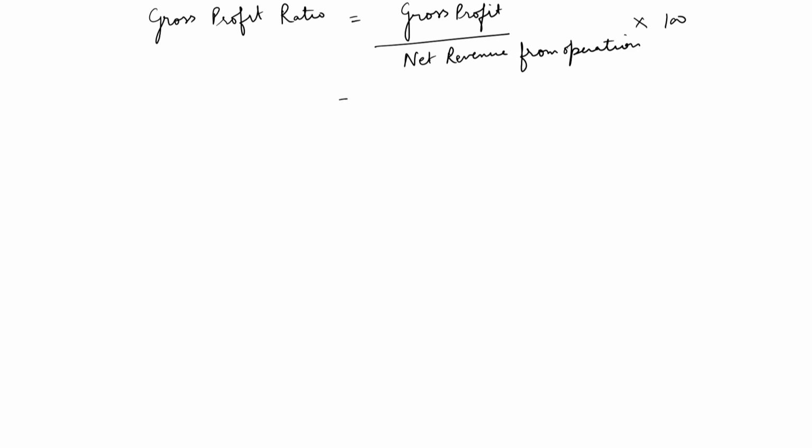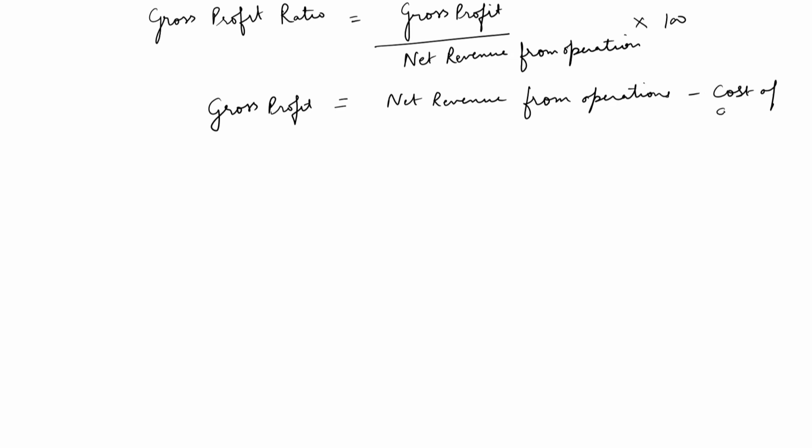So, in this question, we are given the cost of goods sold, administration expenses, selling expenses, and net revenue from operations. For the calculation of gross profit, we will compare the net revenue from operations with that of cost of goods sold.